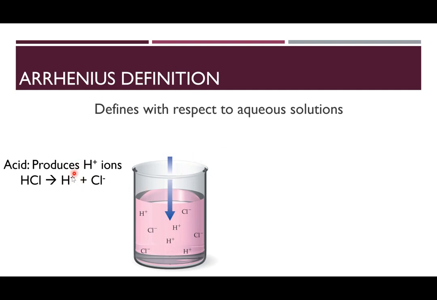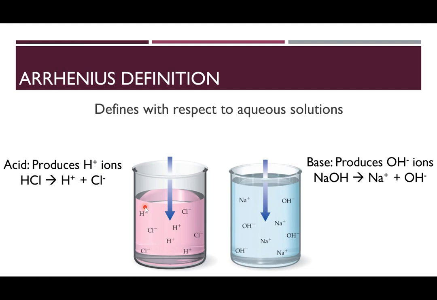And what will they break apart into? They'll break apart into hydrogen ions and chloride ions. The presence of the hydrogen ion is what defines this as an acid. So it increases the number of hydrogen ions in that beaker. So that's how we define it as an Arrhenius acid. Bases produce the hydroxide ion. So our poster child for base is sodium hydroxide.